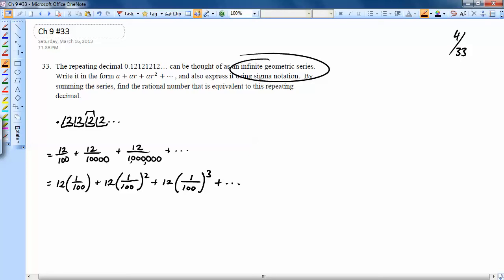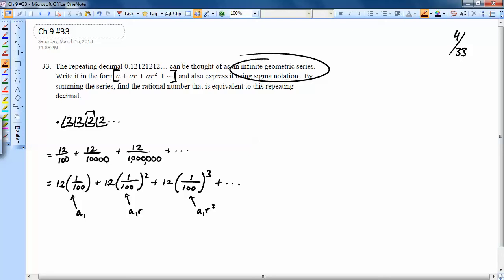Okay, so there's my geometric series. Now, in this case, this is my first term, A1, which in this form up here, it's just A. And this is my A1 times R, A1 R squared, right? So you've got to be a little bit careful because notice the R is part of this first term.